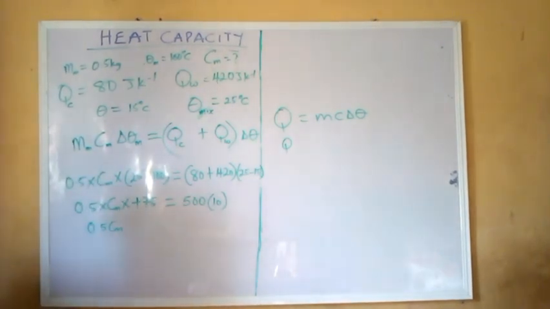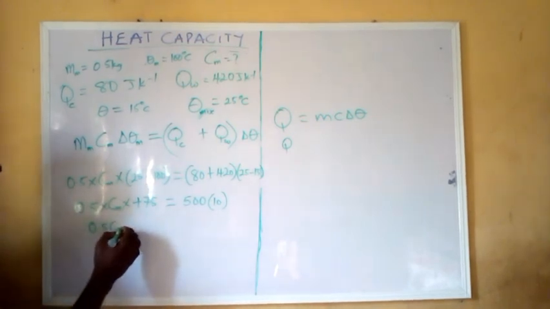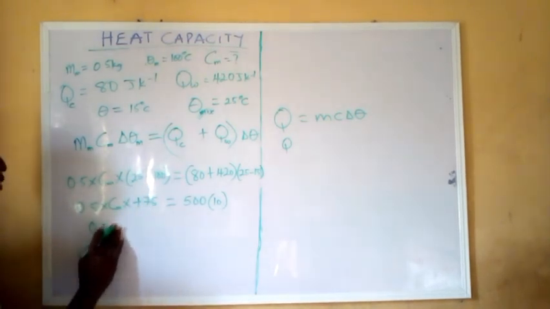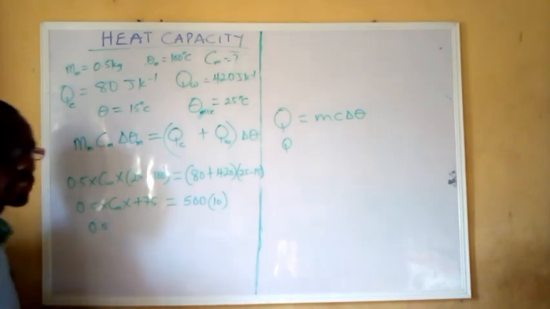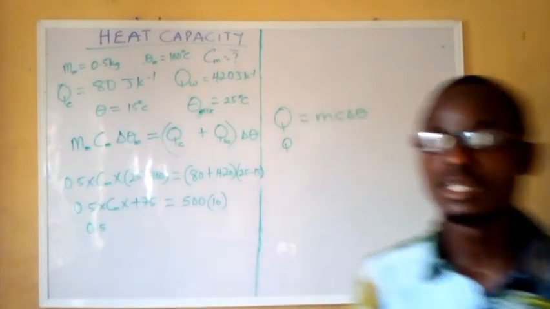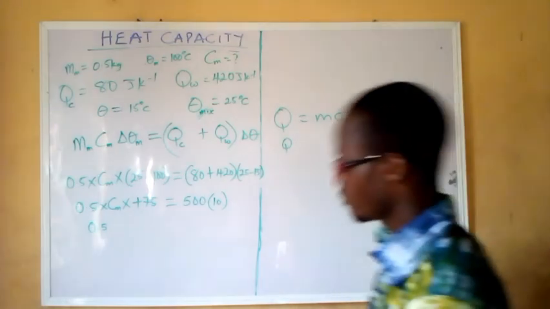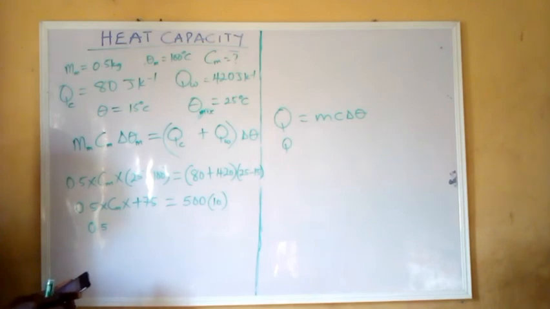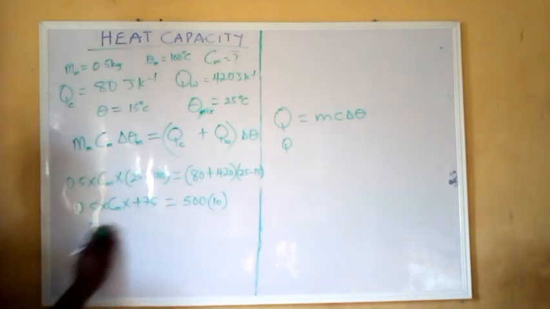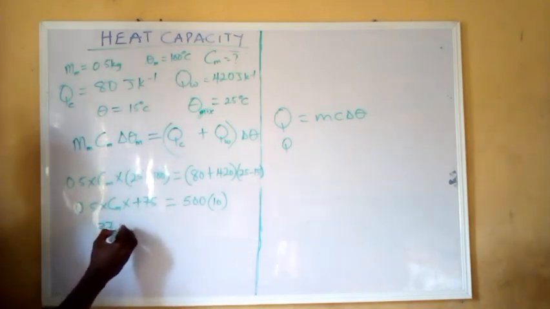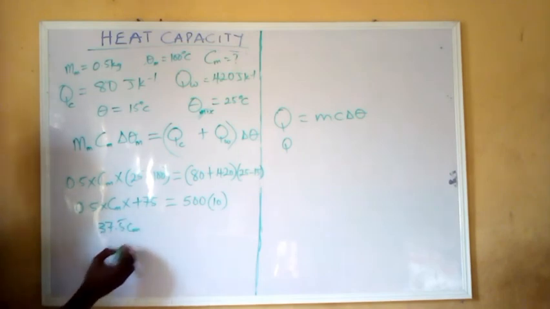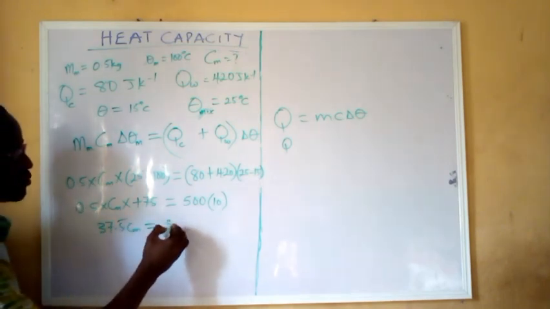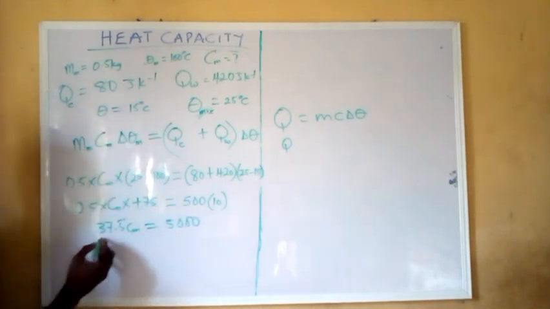So we have 0.5 times 75, which gives us 37.5. So 37.5 Cm is equal to 5,000.